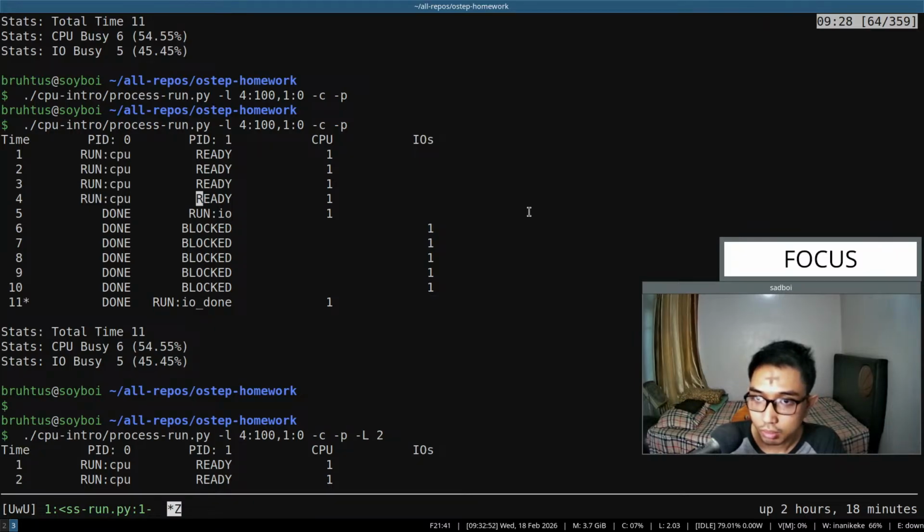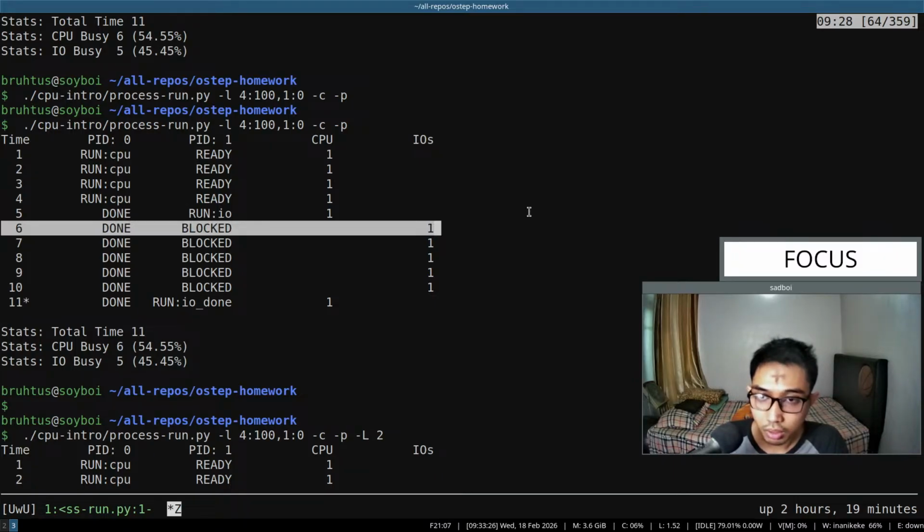We run this and then the input output process is ready. It means we haven't run this yet. And then when it is done, we just run the input output. And that is why it took longer than when we switched the process.